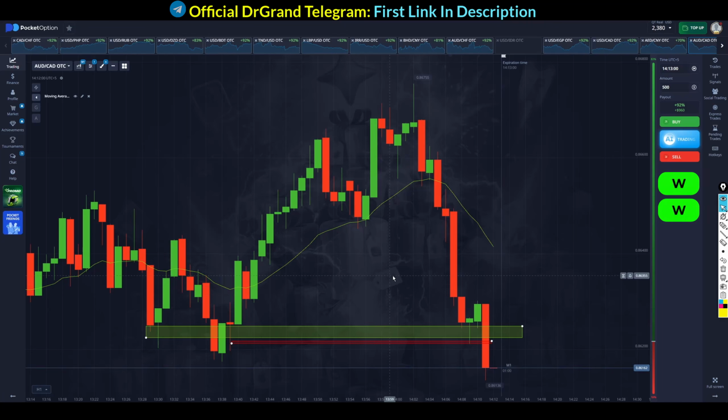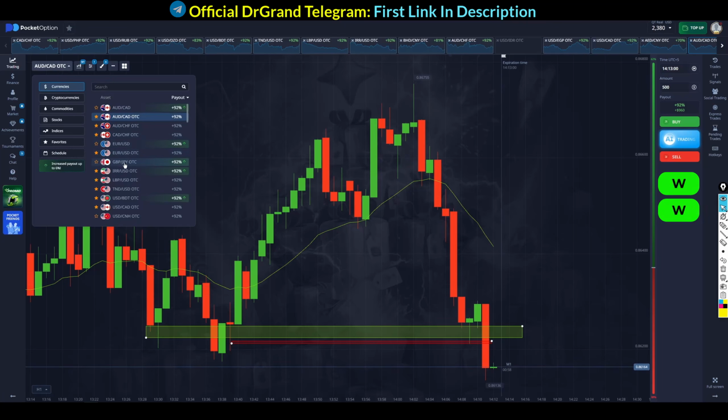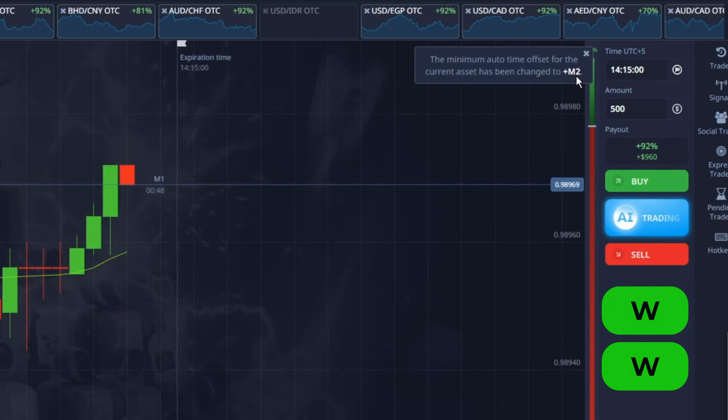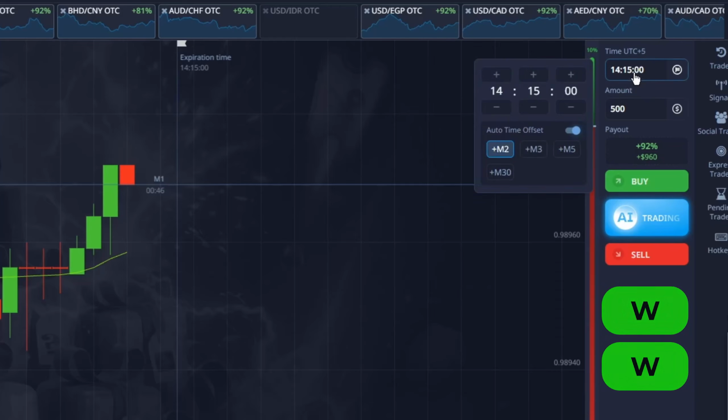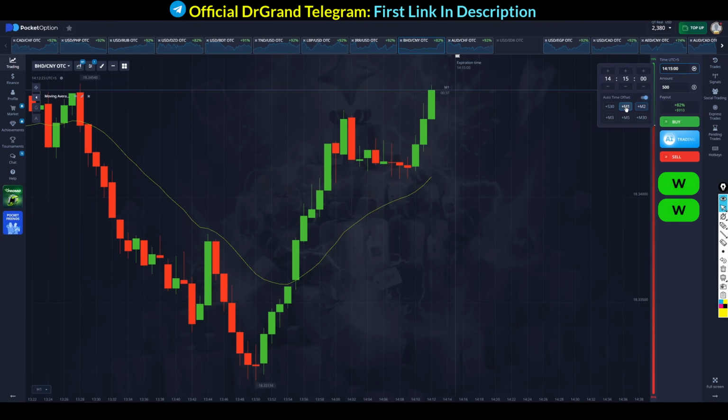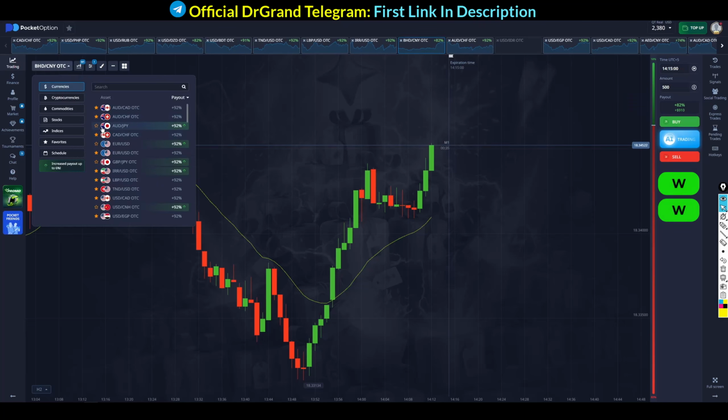And one of the main reasons that I do not trade main markets, for example AUD CAD, which is non-OTC, right? The moment I switch to AUD CAD, boom, it changes to +2. It doesn't have +1 anymore. This is my main and only reason to trade OTCs, because OTCs have +1 and we can easily trade that.